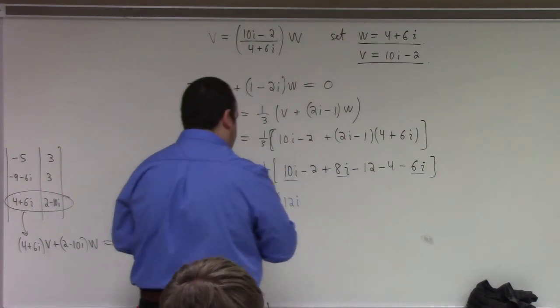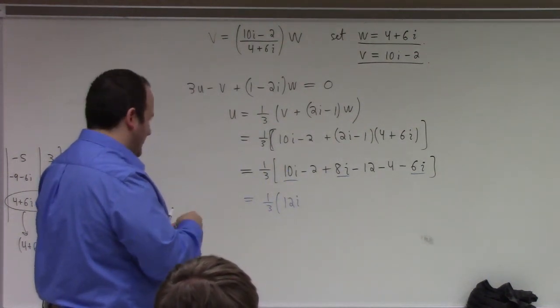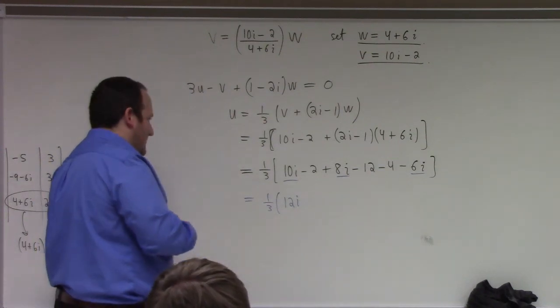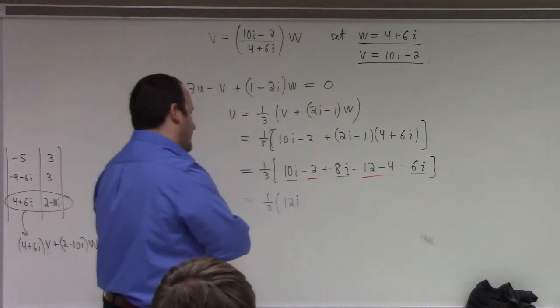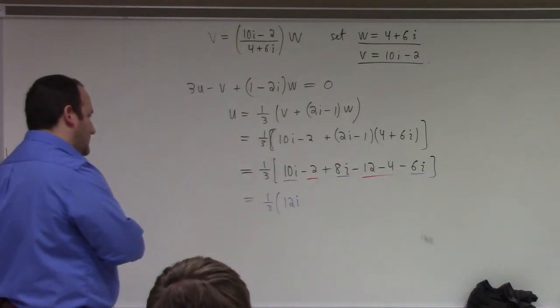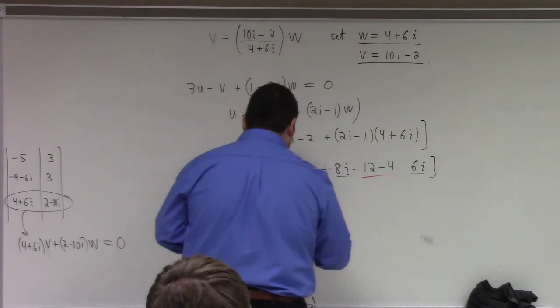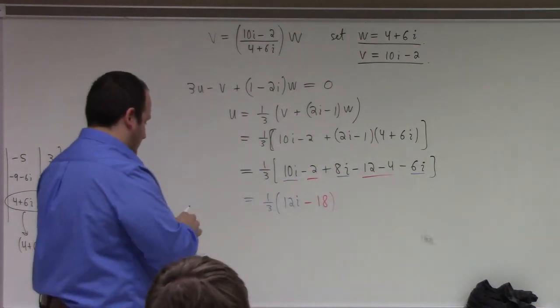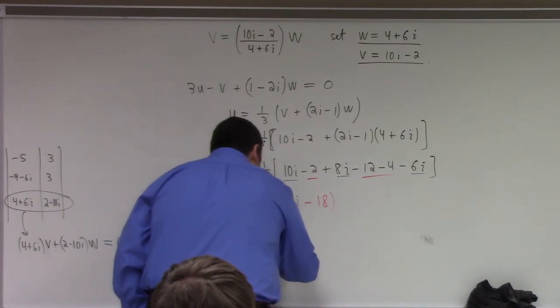Looks like I got a net of 12 i's. Let's see here. Minus 18. Oh, hey, that's nice. Minus 6 plus 4i.